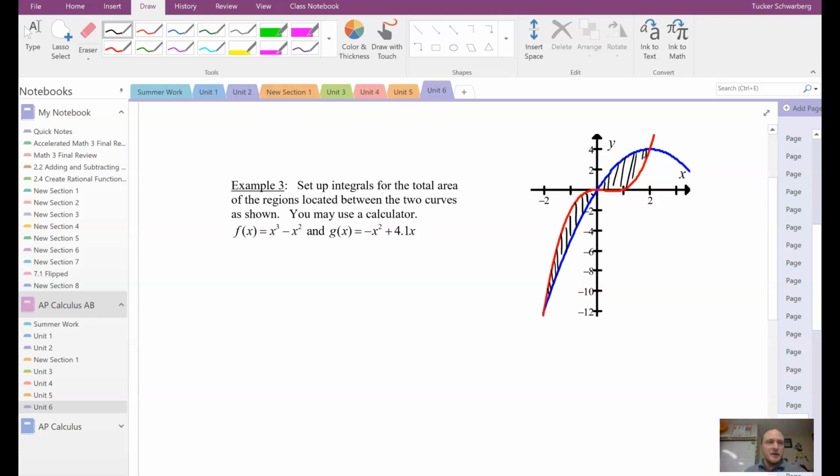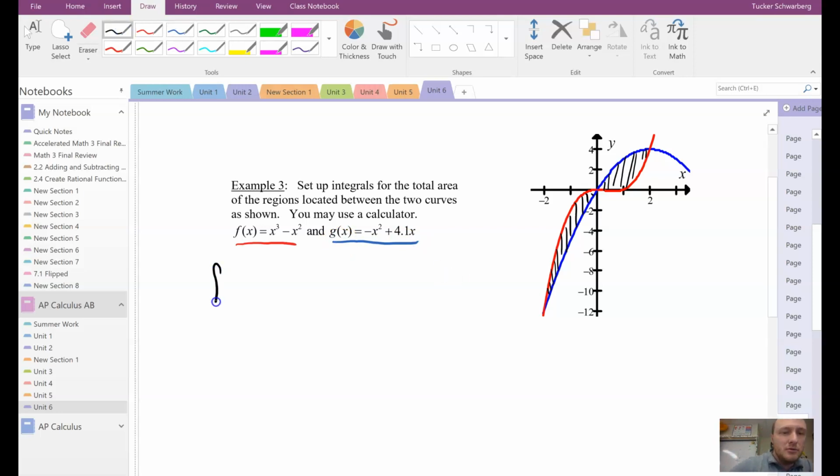Notice that f of x is shown in red, and g of x is blue. I want to go ahead and find the integral.